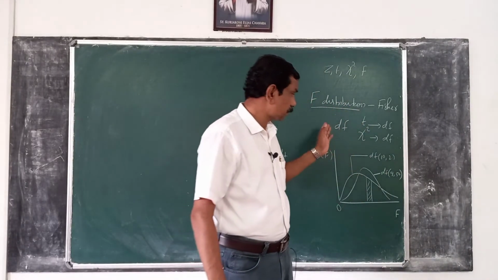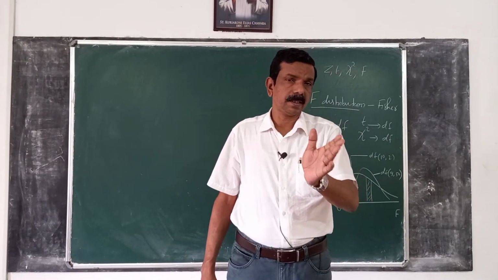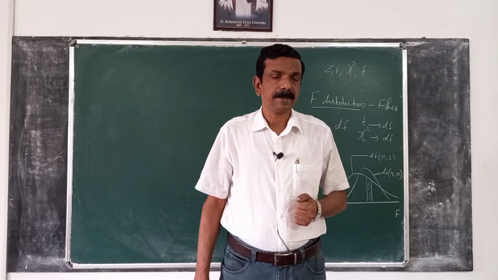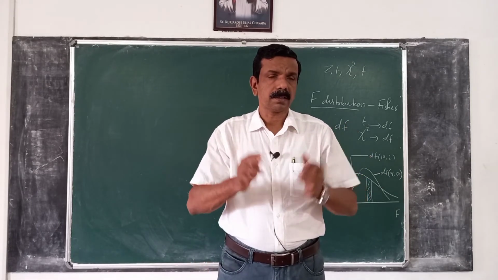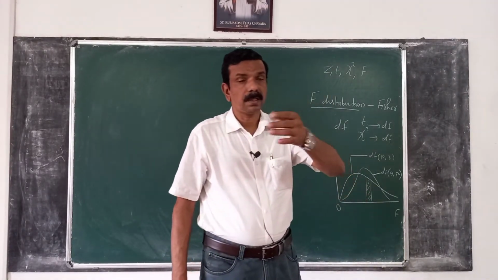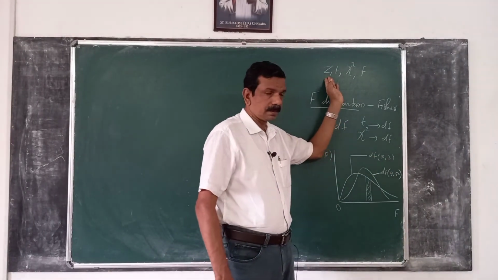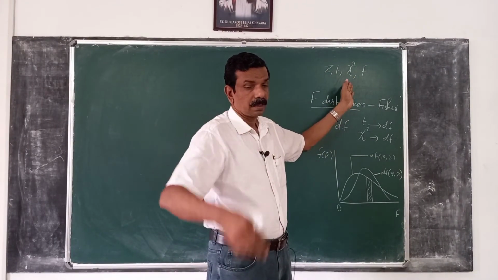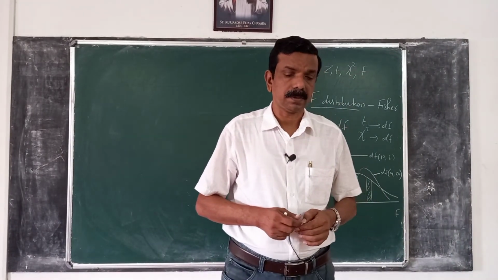F distribution is also used for constructing confidence intervals for two standard deviations or two variances. So, in order to use F distribution for hypothesis testing and for constructing confidence intervals, we must know how to find the area under the F curve, just as the area under Z, under T, under chi-square is required for hypothesis testing and for constructing confidence intervals.